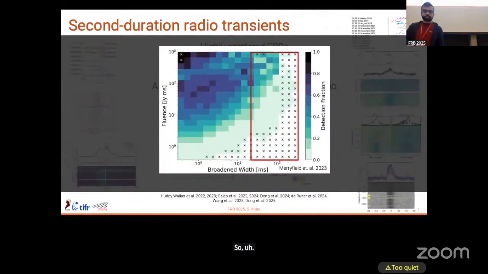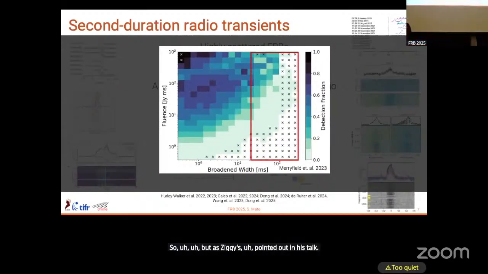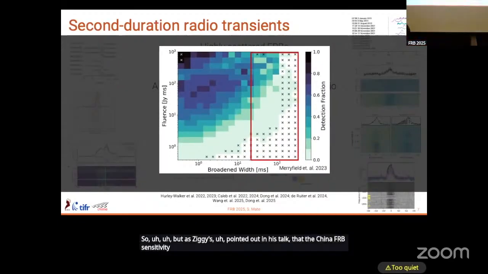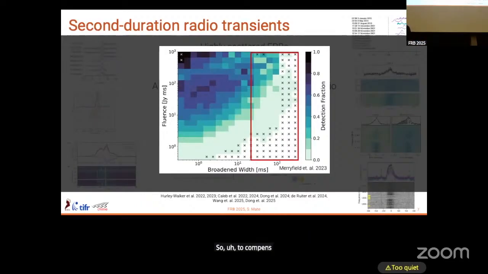But as Ziggy pointed out in his talk, the CHIME FRB sensitivity reduces a bit for wider duration transients. So to compensate for that, we started doing this.